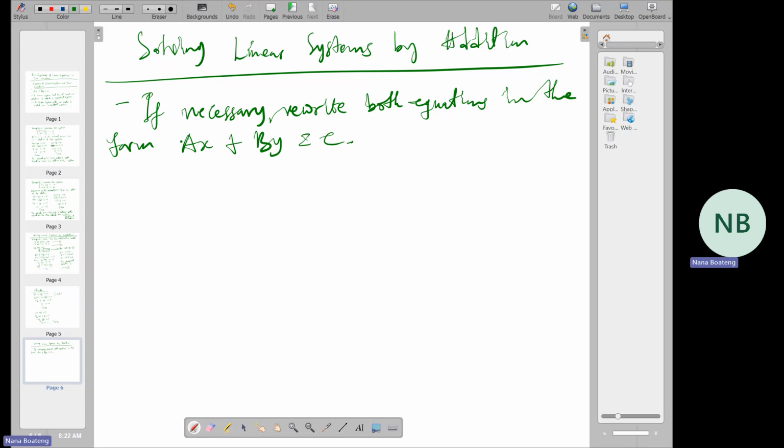We should rewrite, if necessary, the equations in standard form ax plus by is equal to c.